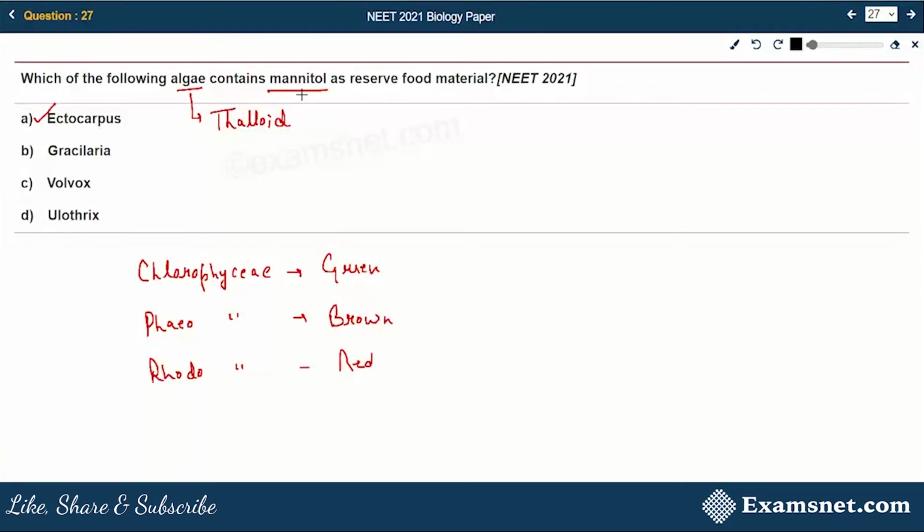Now all these algae have different reserve food materials. The reserve food material in Chlorophyceae or green algae is starch. In Phaeophyceae it is mannitol or laminarin. And in Rhodophyceae it is floridean starch.